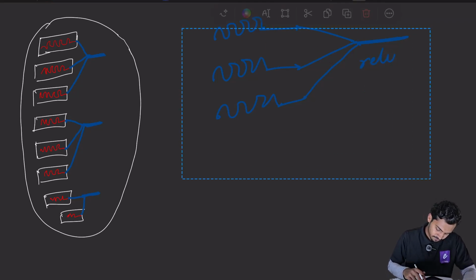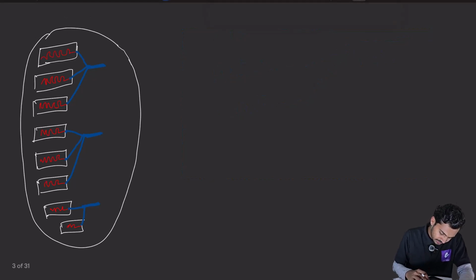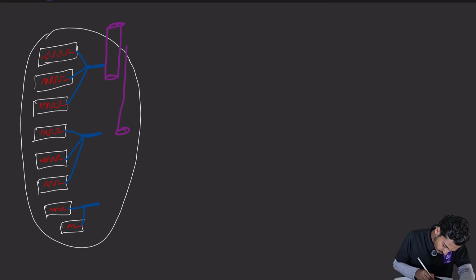Okay. We will delete this from here. Now see here. Now what happens? So now you can see here, there are purple tubes.